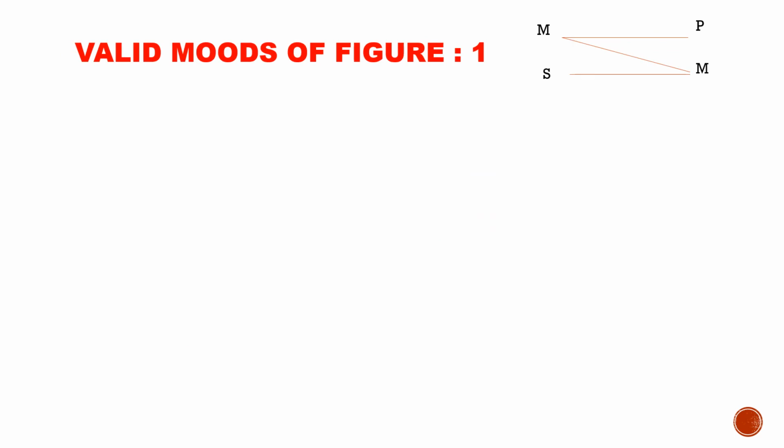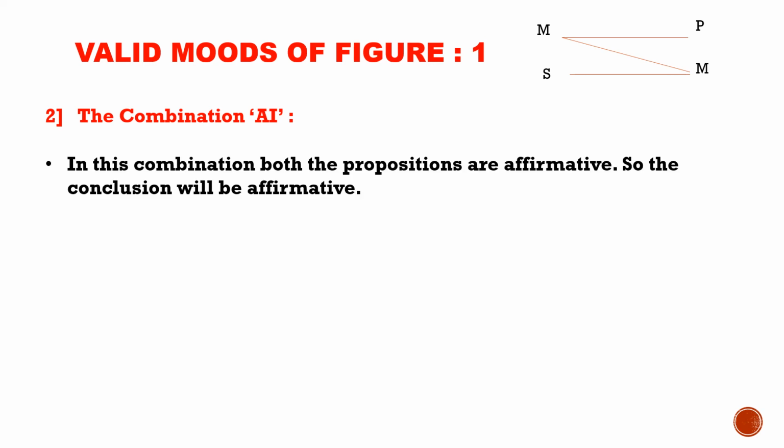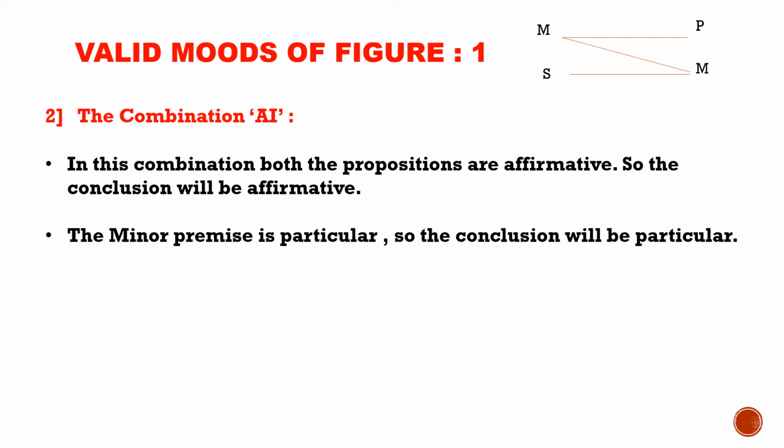Now let us take the second combination of figure 1 and see which valid mood we get. The combination here is AI. In this combination, both the propositions are affirmative, so obviously the conclusion will be affirmative as per the rule of syllogism, rule 3 of quality. The minor premise is particular, so the conclusion will be particular.